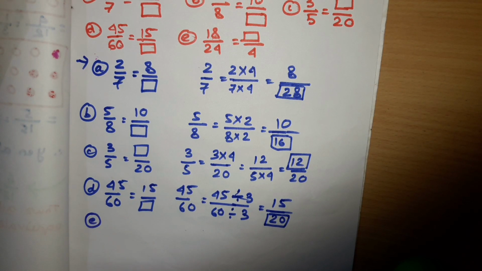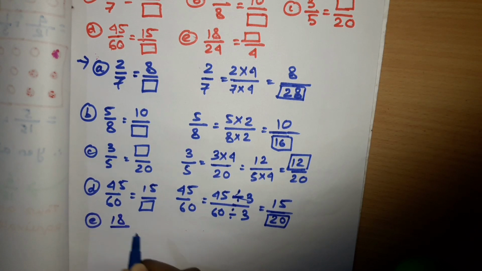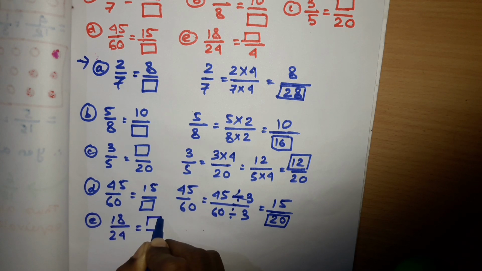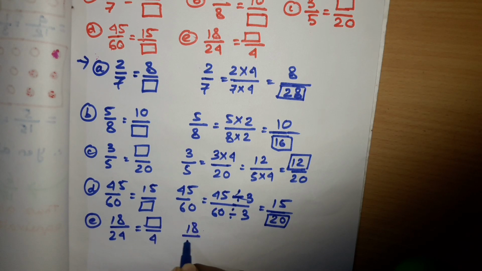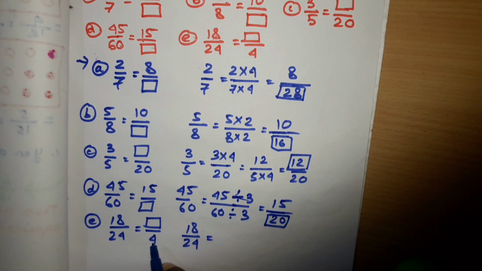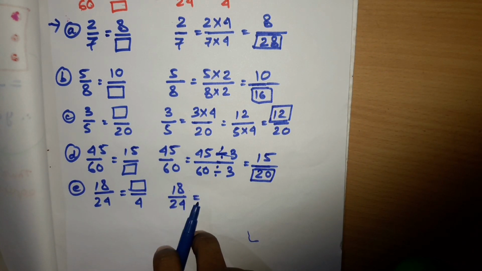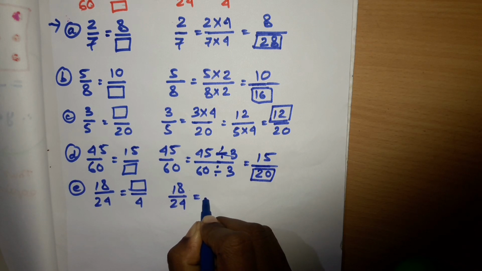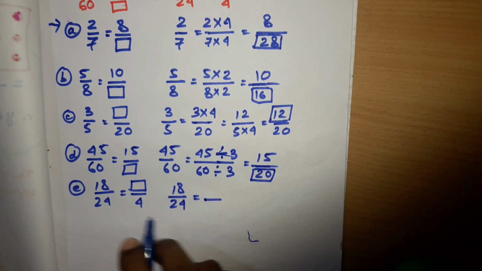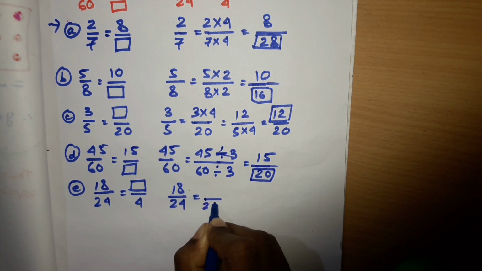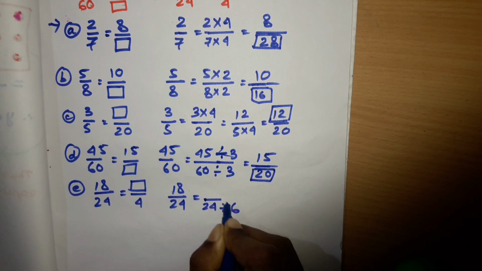Now we're coming to number E. It is 18 by 24. The question has a blank box and a 4. Now see, I'm writing it again, blank by 4. To get 4 on the right hand side, in the denominator we have to divide 24 by 6.